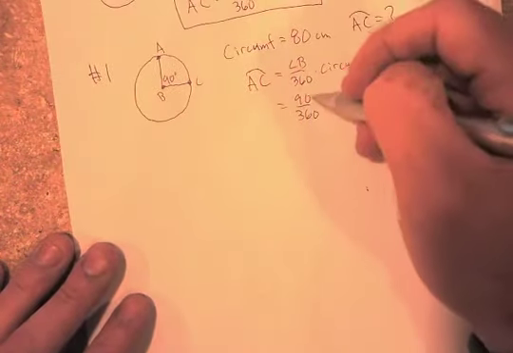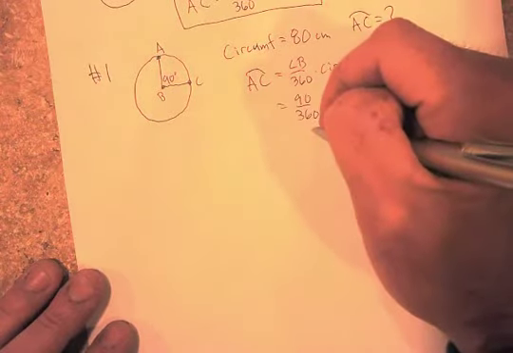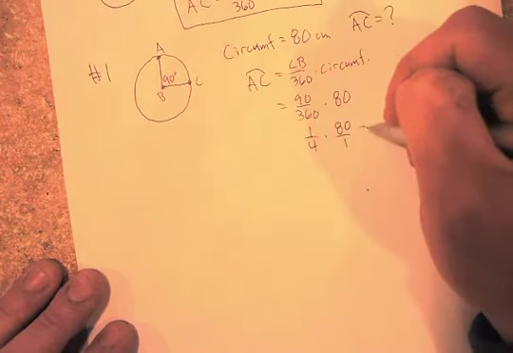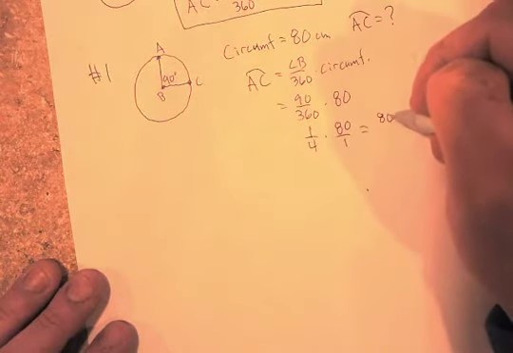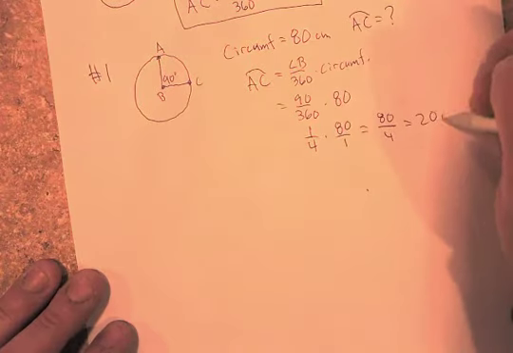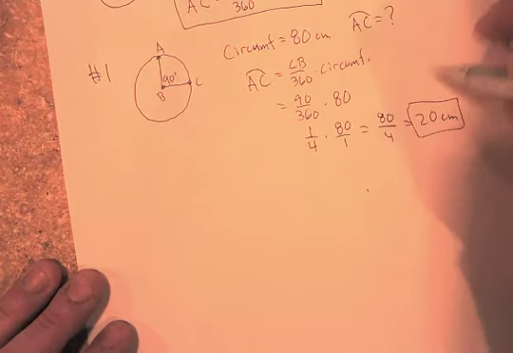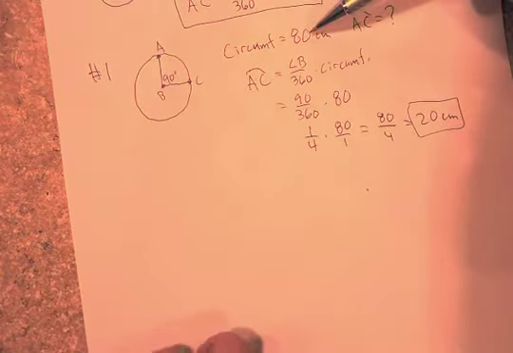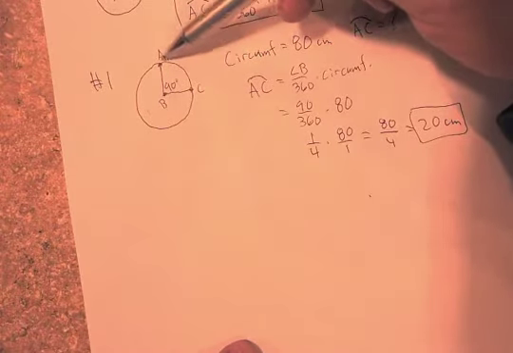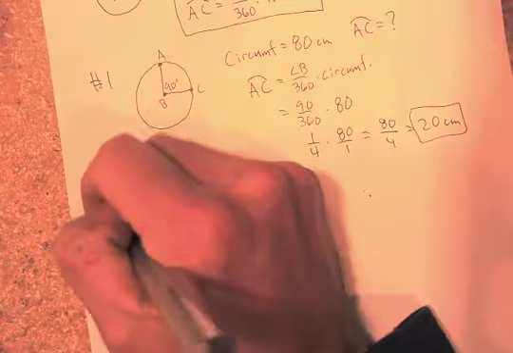It'll make it a lot easier. So reduce 90 over 360. It's actually 1/4 times 80 over 1. So when you multiply across, 80 over 4 is just 20. Hopefully that makes sense. If it's 80 all the way around, this piece here is just going to be 20. It's 1/4 of the way around.